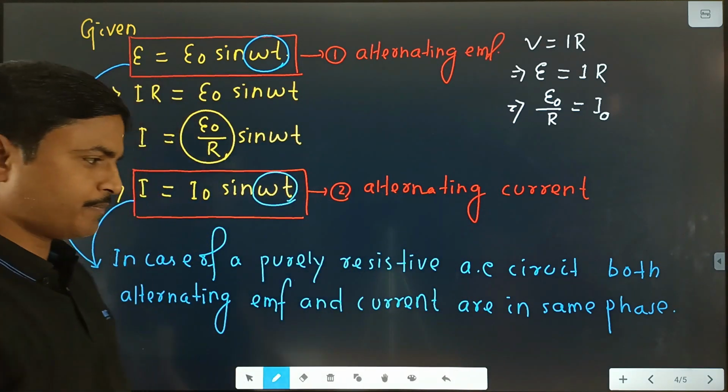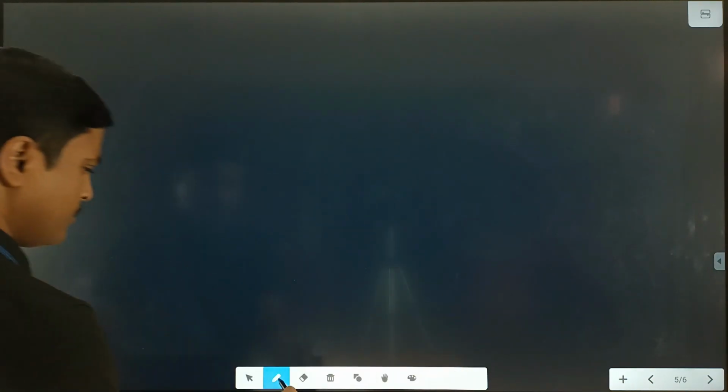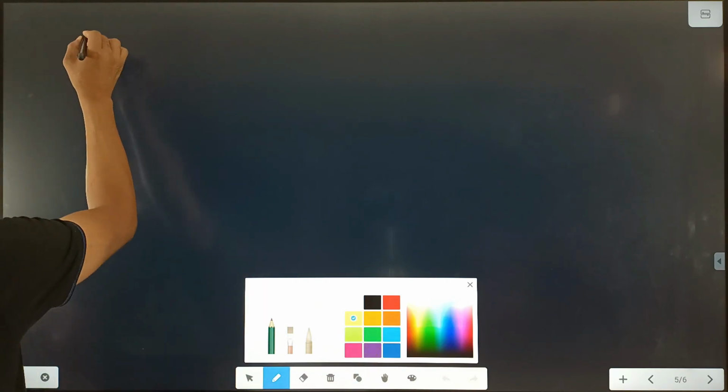Both are in same phase. Clear? Then we draw the phasor diagram.